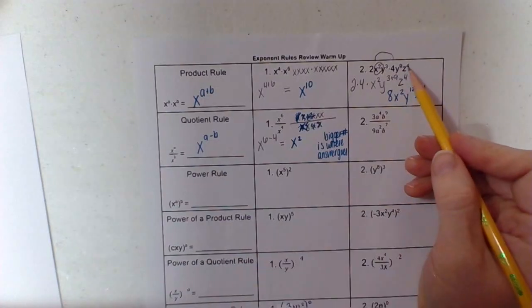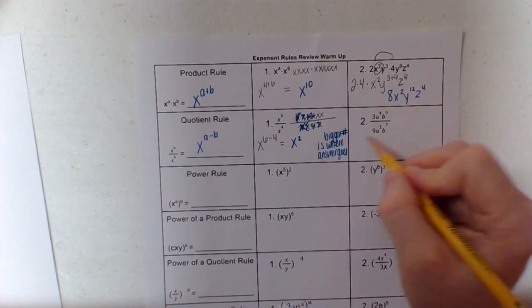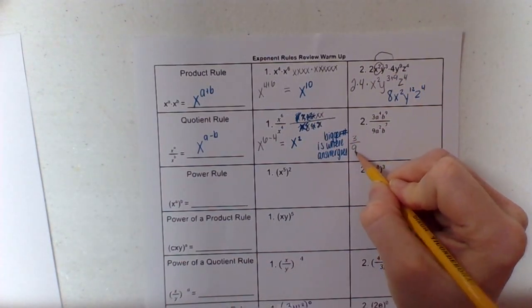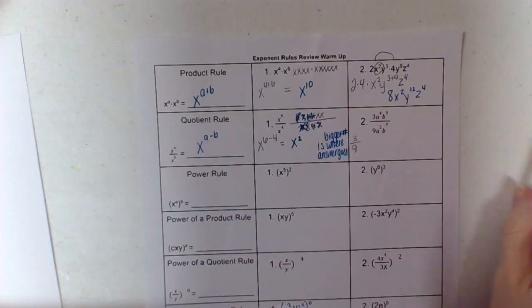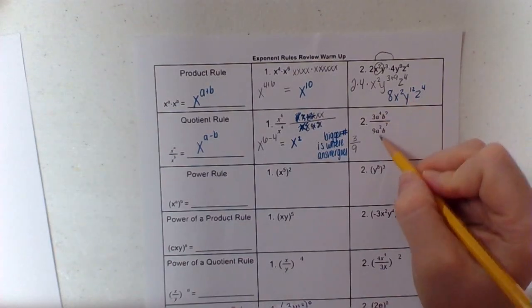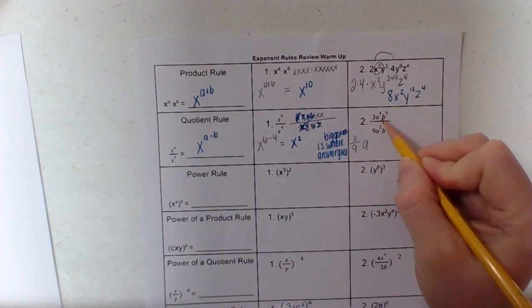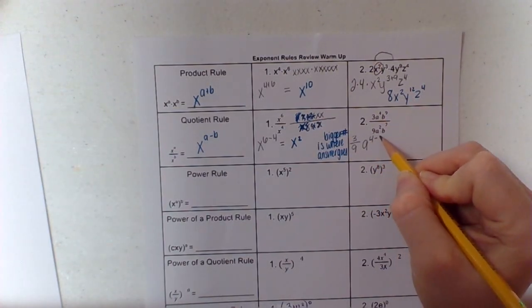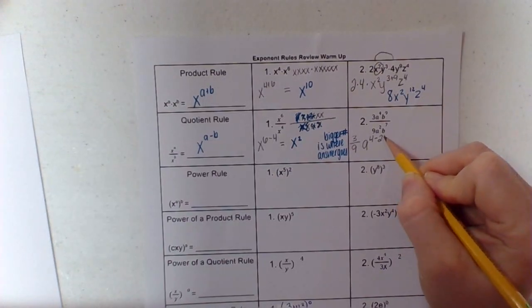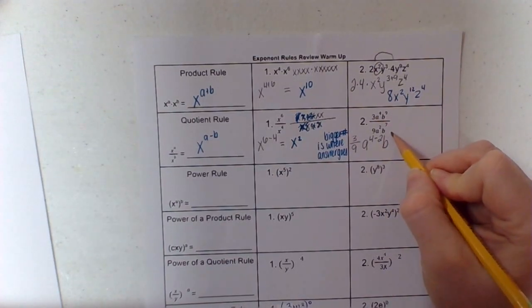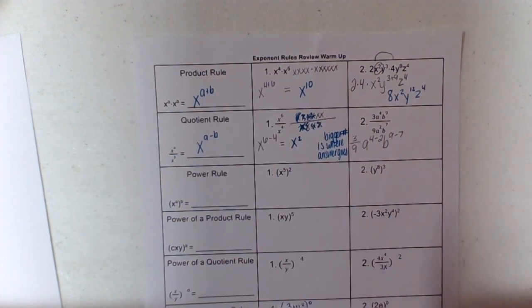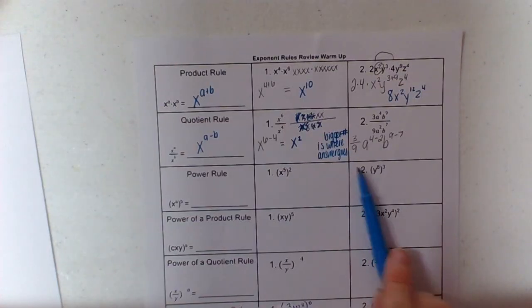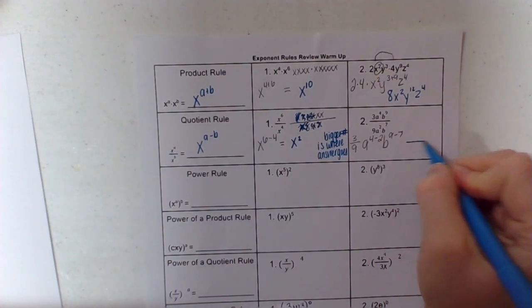We're going to do coefficients, which is just the big numbers out front, separately. That's going to be 3 over 9. Let's do the a's. I have a 4 on top, 2 on the bottom. And for b's, I have 9 on the top, 7 on the bottom. So 3 over 9.